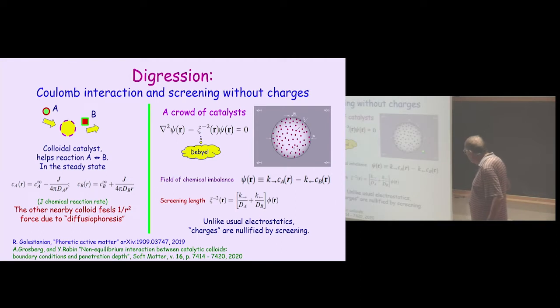Moreover, if you imagine many colloids, then there is the Debye-Huckel screening effect, except it's tricky. The physics is a bit different, because what is being screened in the Debye-Huckel case is potential, essentially the electric field. What is being screened here is particles inside the volume.